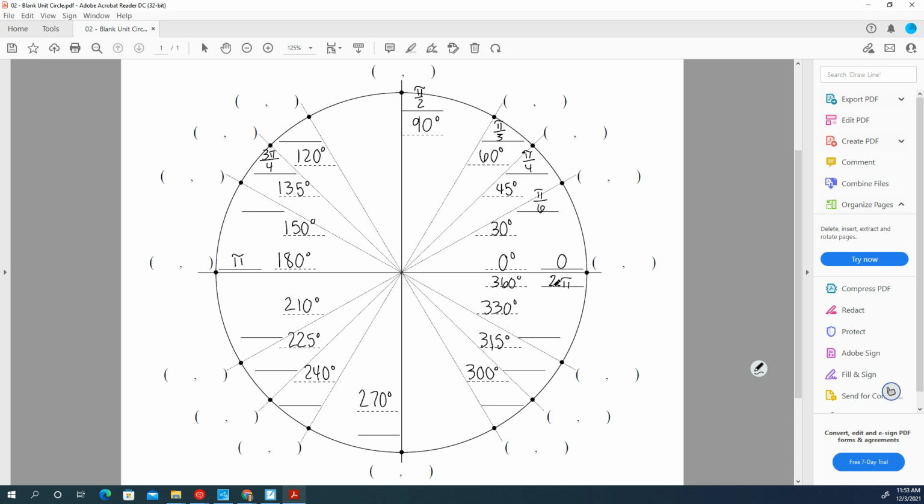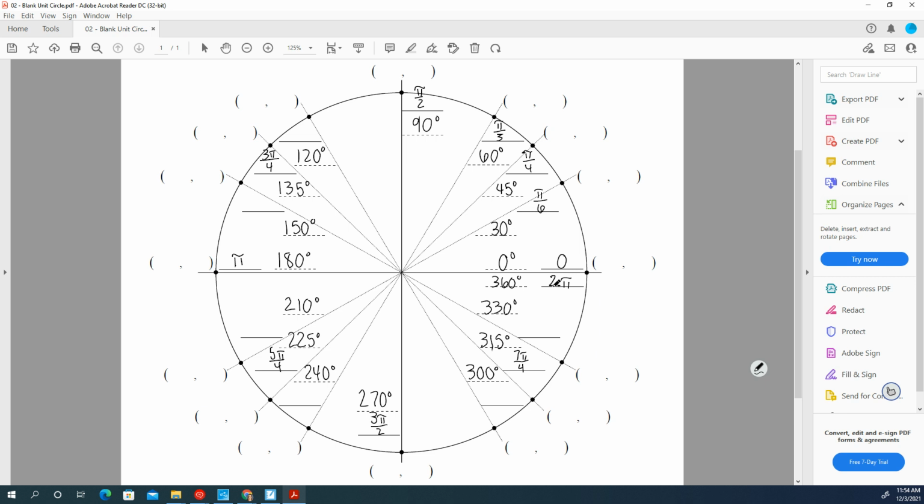I'm on all the middle ones. 4/4 would be a whole. 225 degrees would be 5/4. 6/4 is 3/2. And then 315 would be 7/4. This is how you count in radians. 2 pi would be 8/4. So it's easy to fill out the radian measure. You just got to count in fractions.